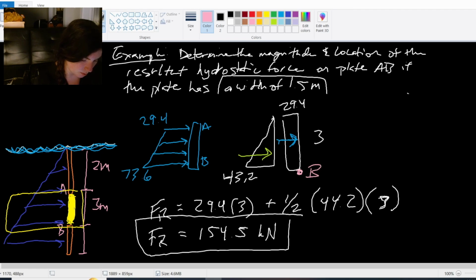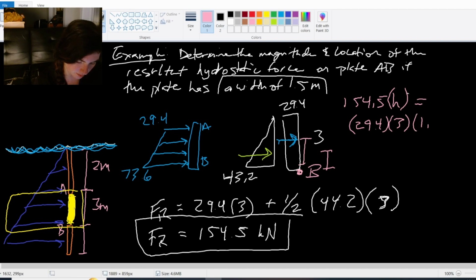So if I take a moment about B, I'm going to have that my 154.5 times whatever the height of that final resultant force is equals 29.4 times 3 times this hits at 1.5, plus 1, this distance here is 1, times 1/2 times base is 3 times height is 43.2.